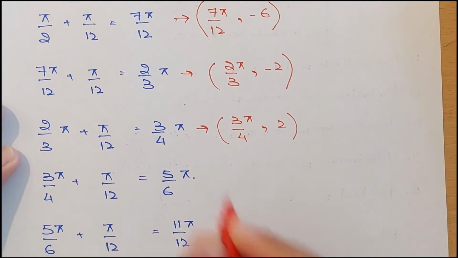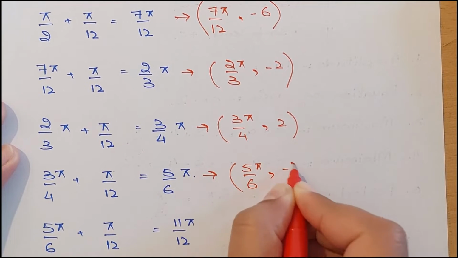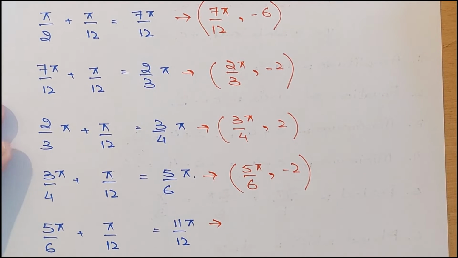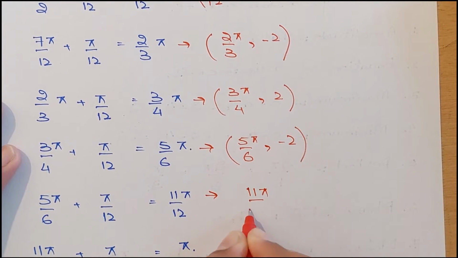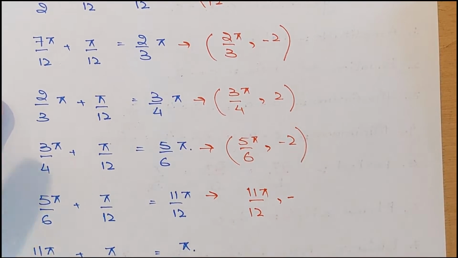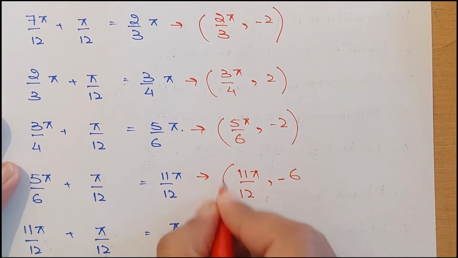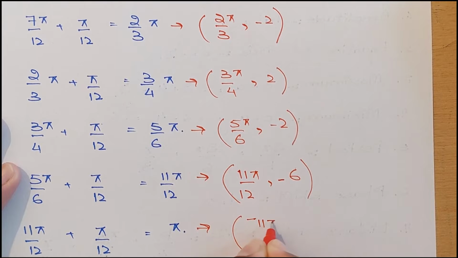And then from the maximum, again the equation of x's, this is negative 2. And from the equation of x's, it goes to the minimum, 11 pi by 12. Minimum is negative 6, yes. And from the minimum, again the equation of x is minus 2.